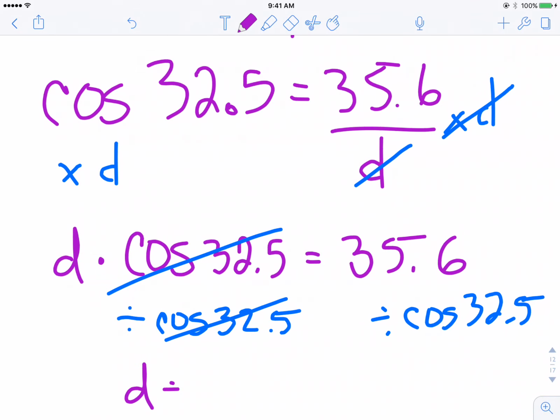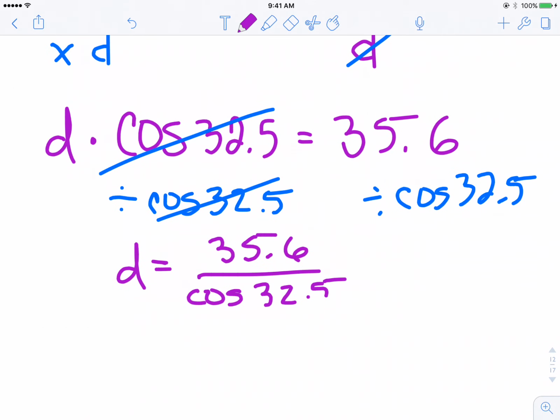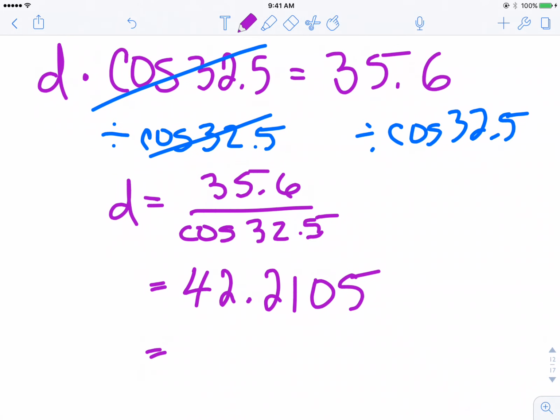D is equal to 35.6 over the cosine of 32.5. Punch that into your handy dandy calculator. You get 42.2105. It doesn't tell us how to round, so I go to 2 decimal places, 42.21 kilometers.